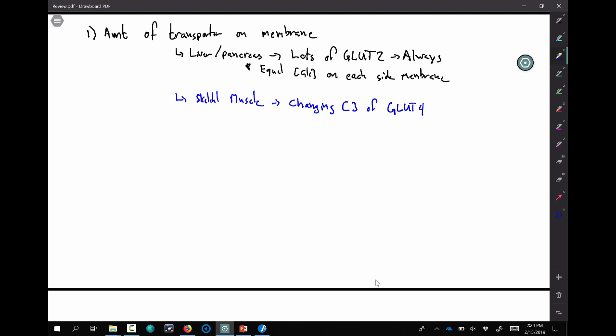Okay, so if insulin levels spike, and the only reason that insulin levels would spike in the blood is because glucose concentrations have gone up. So right after a meal, your insulin levels will spike, assuming you had carbohydrates in that meal. Okay, and so what will happen is that because insulin levels spike, there will start to be a spike in the amount of GLUT4 found in the membrane of these skeletal muscles. Okay. So skeletal muscles will absorb glucose at rapid rates only when concentrations of glucose in the bloodstream are really high. Okay.